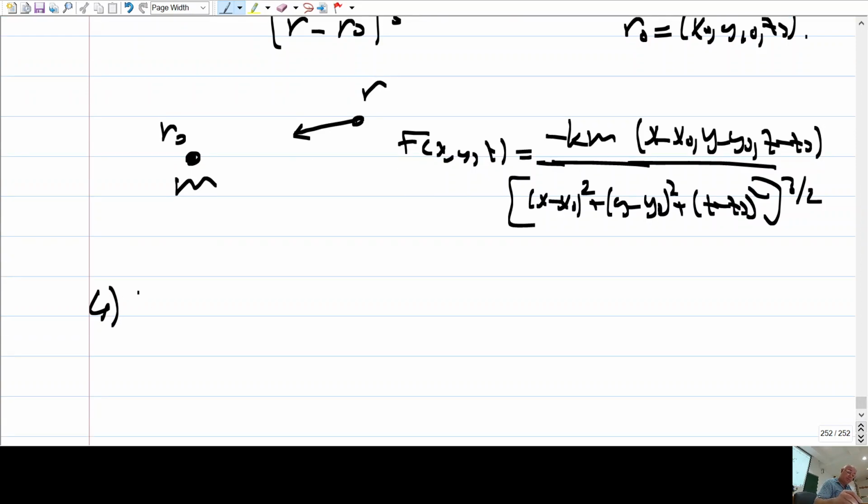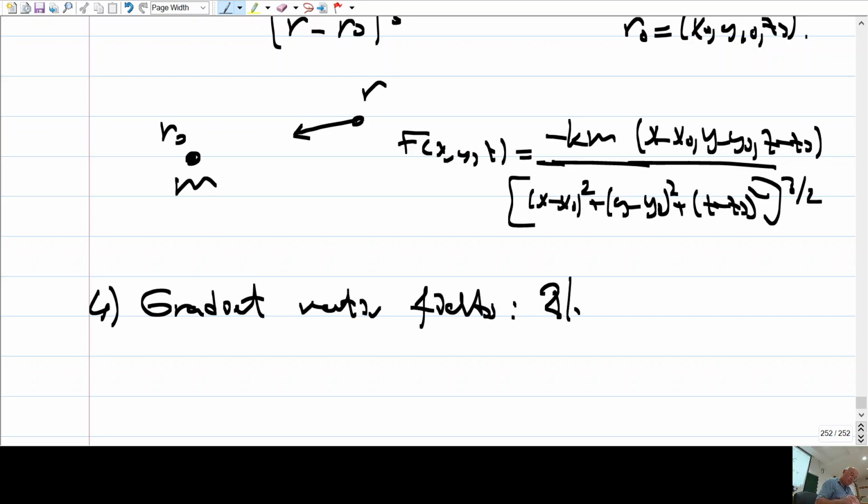Another example, gradient vector fields. What are they?